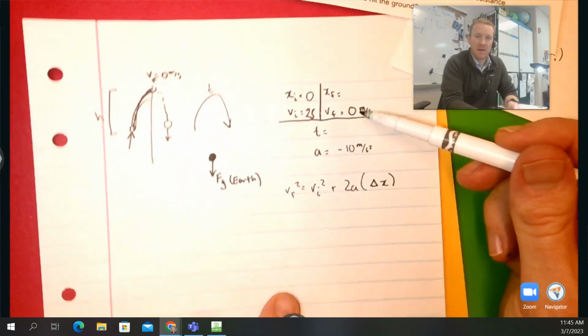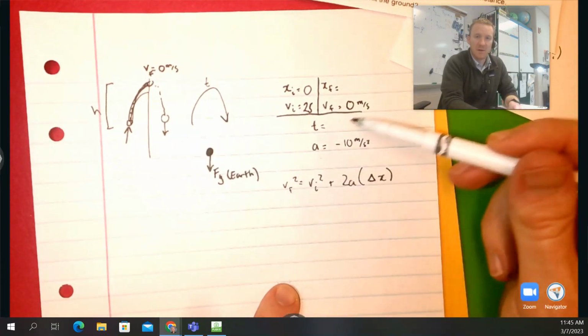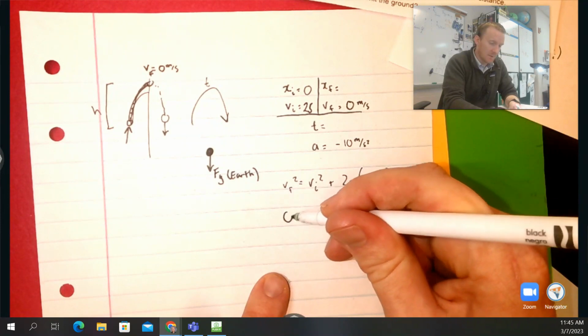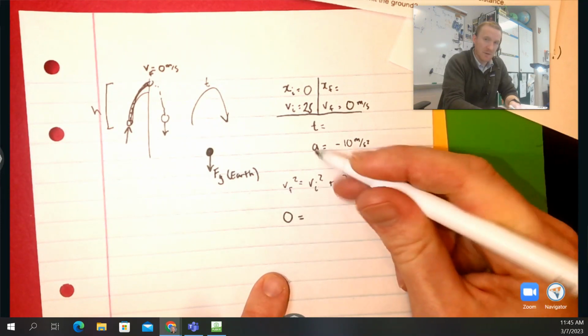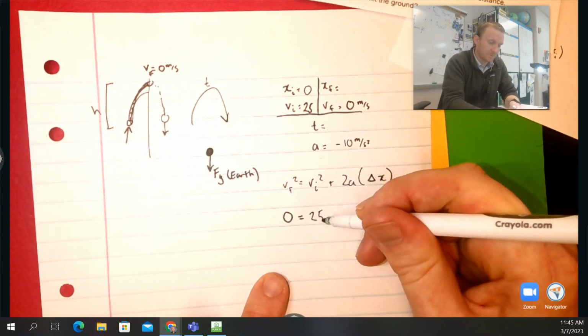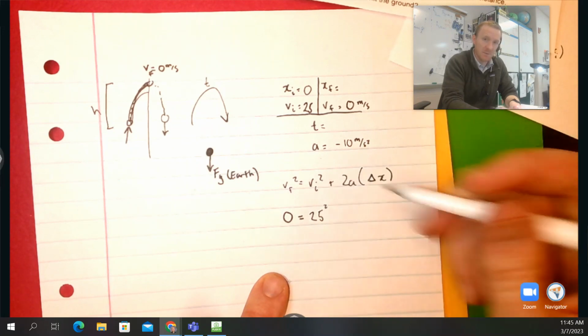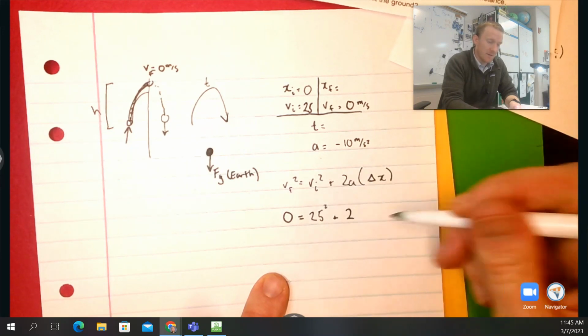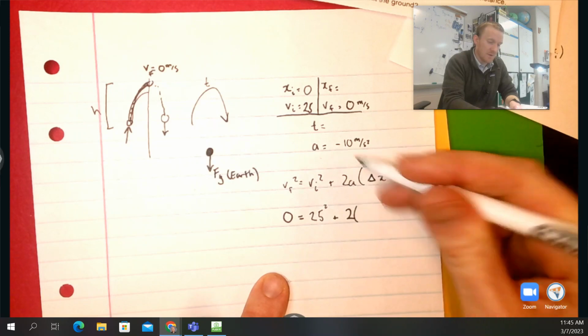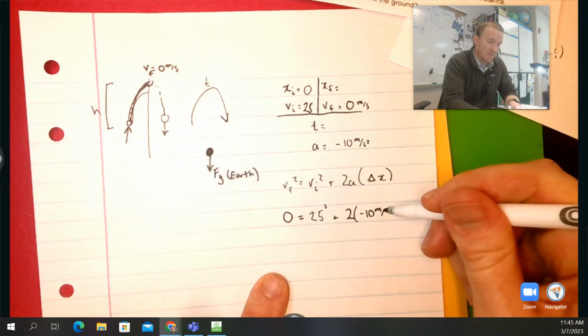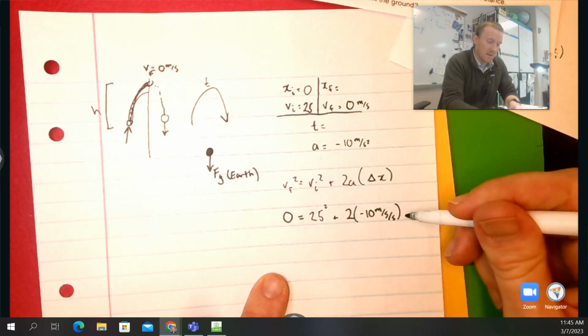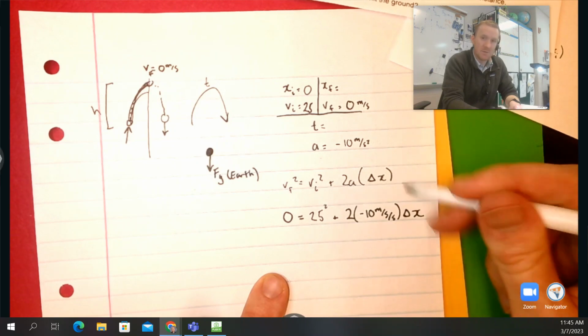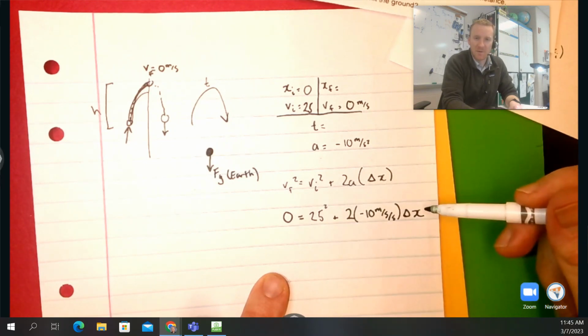My final velocity is 0, so I can plug that in for final. Initial velocity is 25. We do have to square that value at some point. We're going to add that to twice our acceleration, which is negative 10 meters per second squared. And we're going to multiply that by our overall change in position, right? This is the one thing that we're missing.